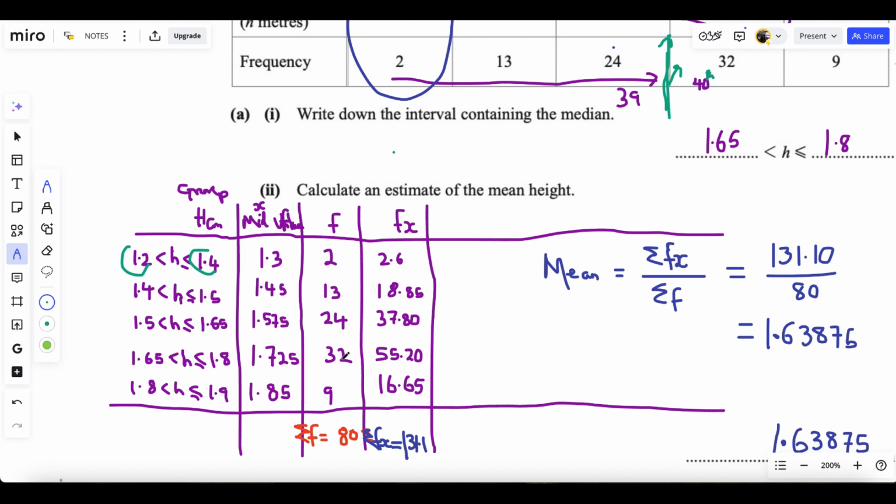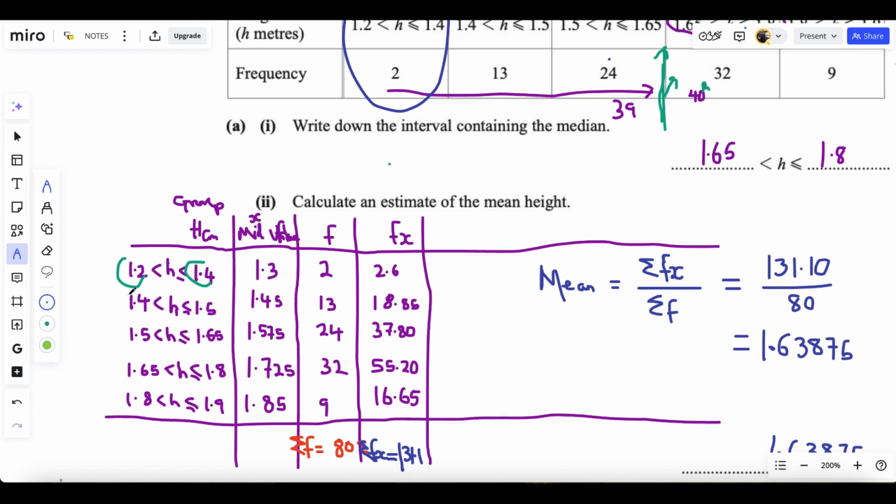Now the only thing we do here is find the mid value of each one. 1.4 plus 1.5 is 2.9, divided by 2 gives 1.45. Next, 1.5 plus 1.65 divided by 2 gives 1.575. Next, 1.65 plus 1.8 divided by 2 gives 1.725. For the last one, 1.8 plus 1.9, mid value means the middle of the two numbers, divided by 2, you get 1.85.